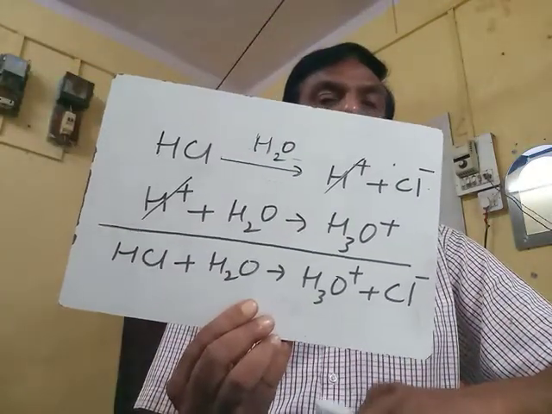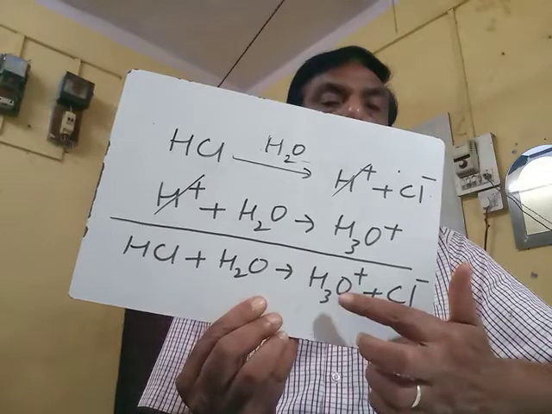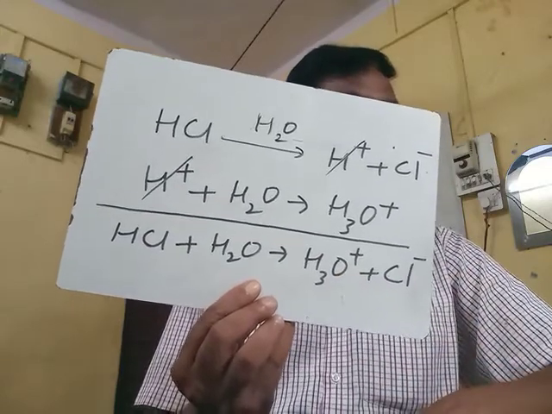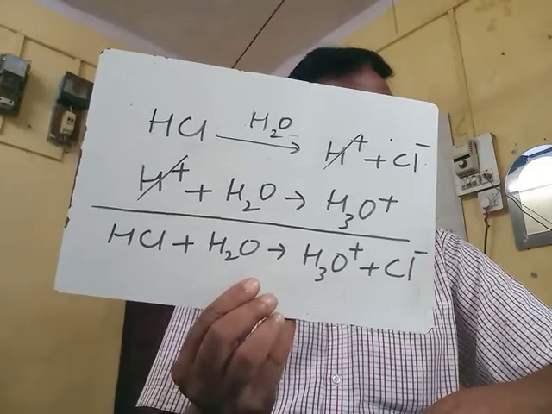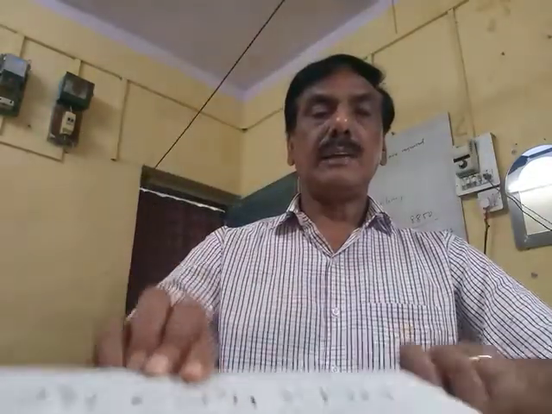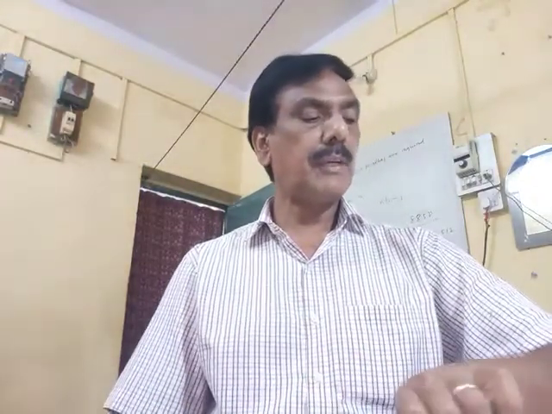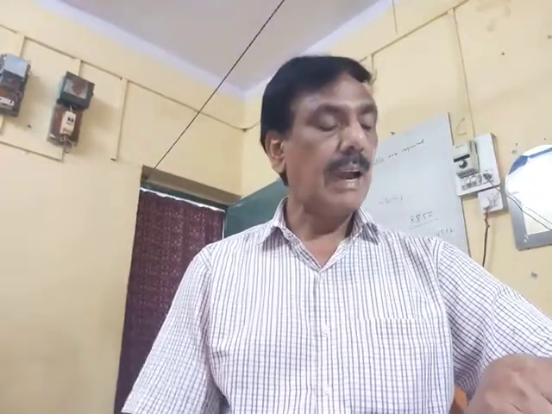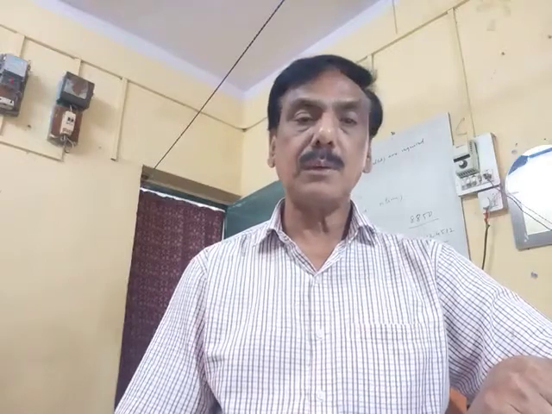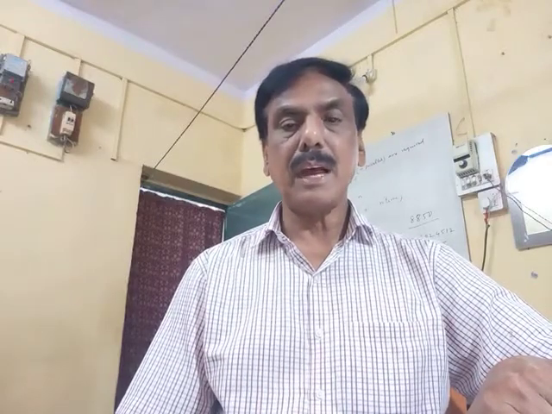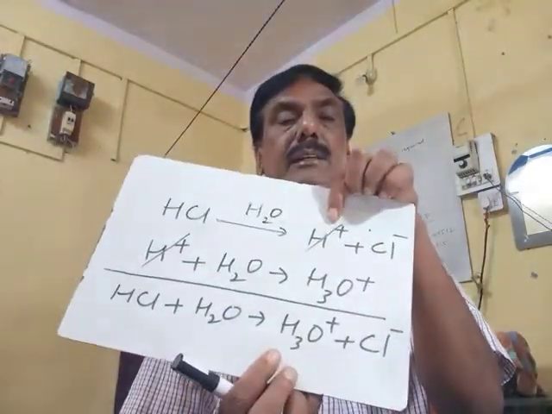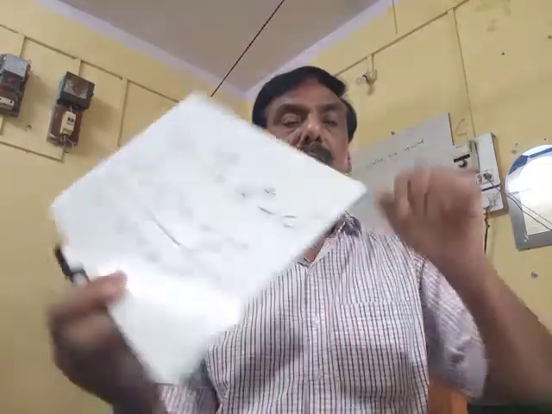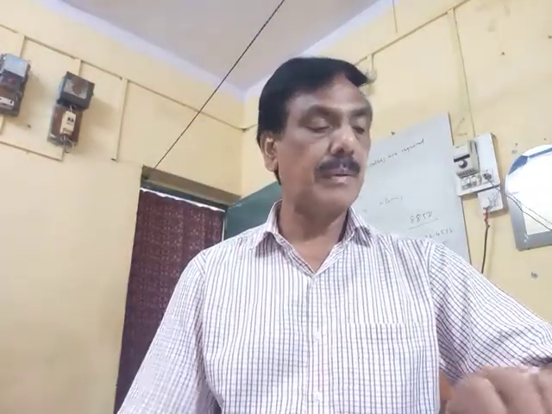This is the final reaction that I have added up together. One important thing about the hydrogen ion is that it cannot exist alone. Therefore, it immediately combines with one molecule of water to form hydronium ion.